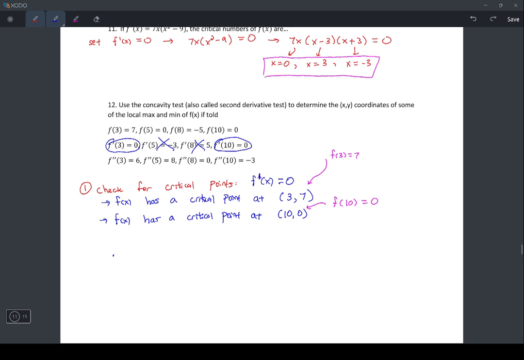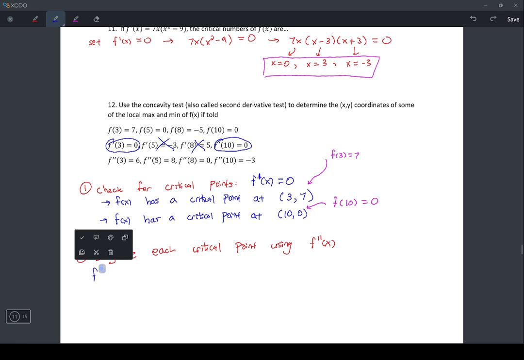Once we've determined which points are critical points, we're going to use the second derivative test to diagnose them. So diagnose each critical point using f double prime of x.